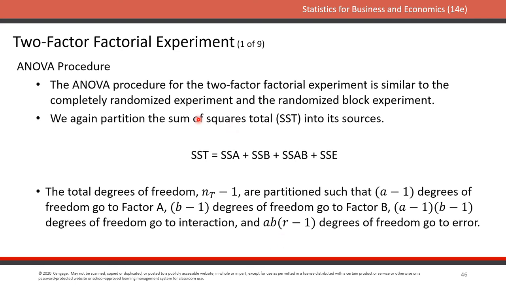Now, this is going to look very similar to our previous experiment, except now we have, instead of just the alpha component, the sums of squares for the treatment there, we have multiple things. We've got the sums of squares for the first factor, the sums of squares for the second factor, and the sums of squares for where they interact.